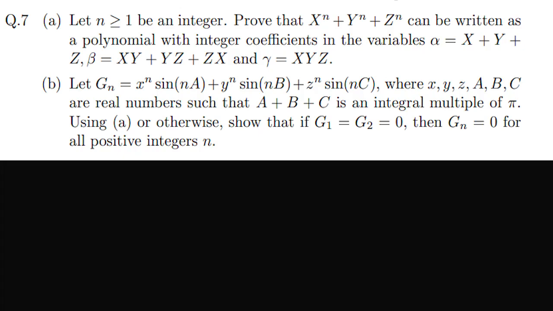Now we need to prove that it is possible to write x to the power n plus y to the power n plus z to the power n as a polynomial with integral coefficients in these variables alpha, beta and gamma.